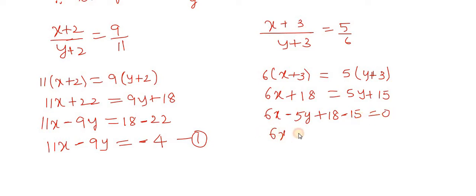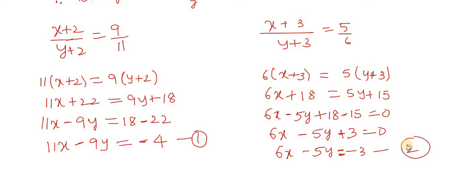So 18 minus 15 is 3, so 6x minus 5y plus 3 is equal to 0, or else you can write 6x minus 5y is equal to minus 3. Call this equation 2. Is it clear? I hope all of you understood till here. So this is equation 1 and this is equation 2.